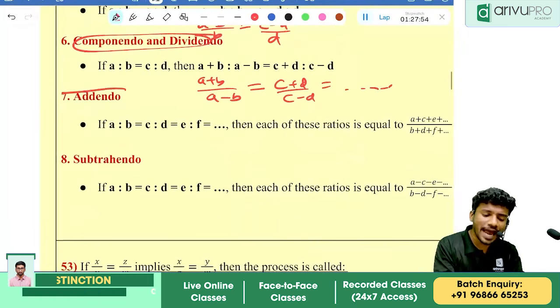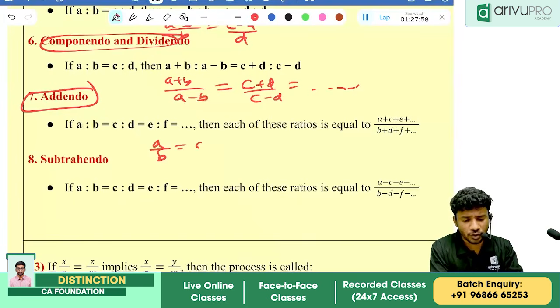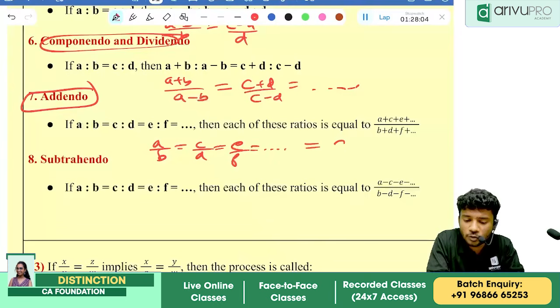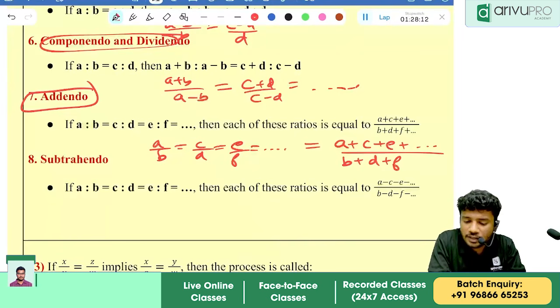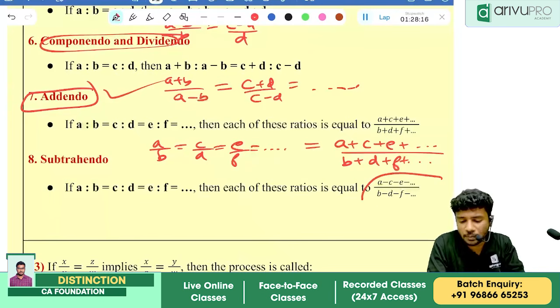Now coming to addendo. Addendo means A by B is equal to C by D is equal to E by F, etc., the entire thing is equal to the addition of all the numerator values divided by the addition of all the denominator values. That is called addendo. Similarly, subtractendo.